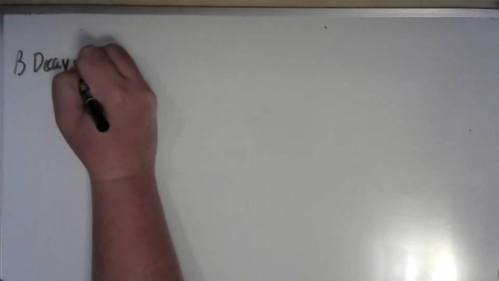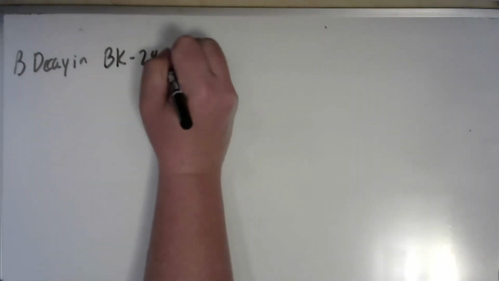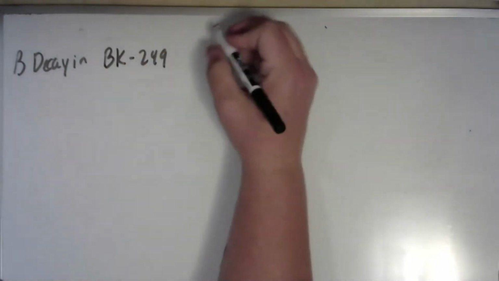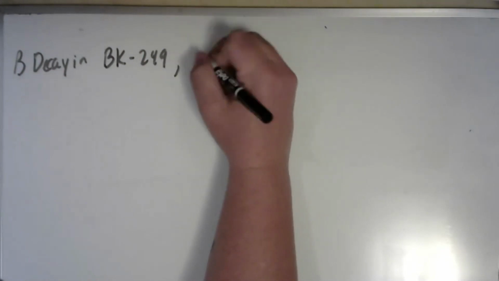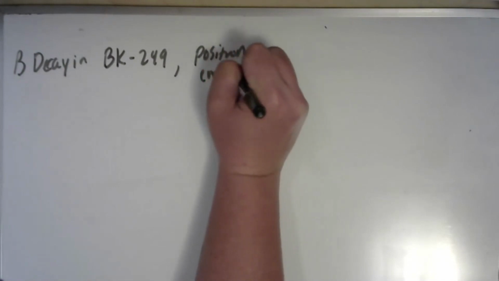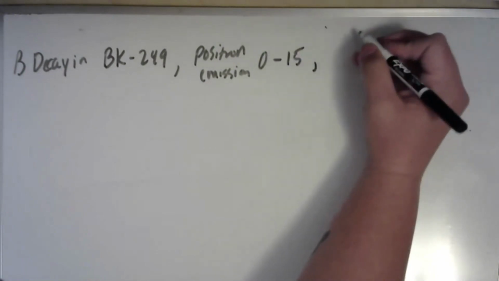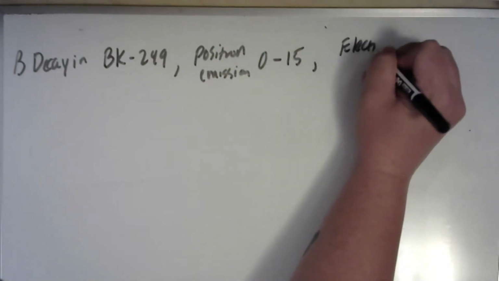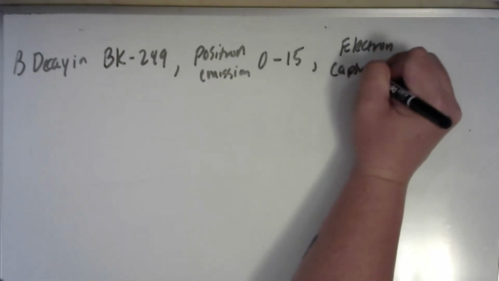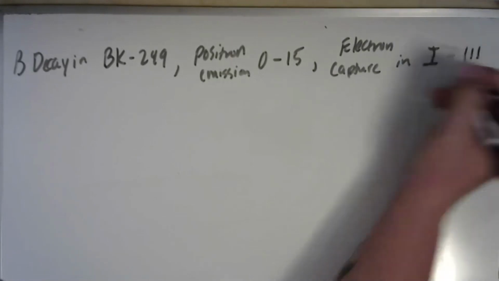But for part A, we're starting with some beta decay in berkelium 249. Okay, and then we'll do positron emission in oxygen 15. And then electron capture in iodine 111.